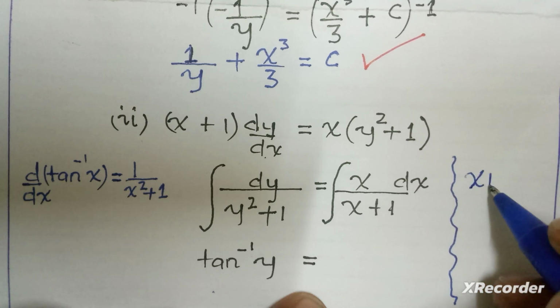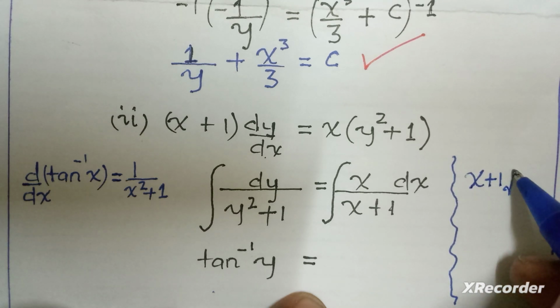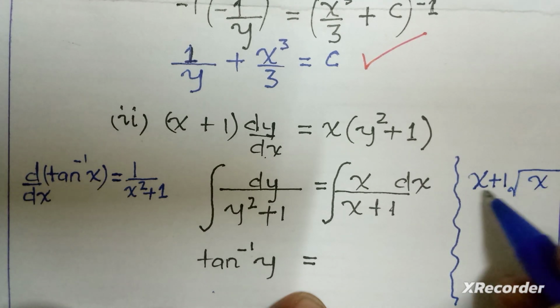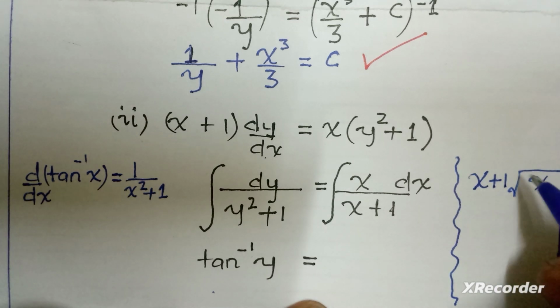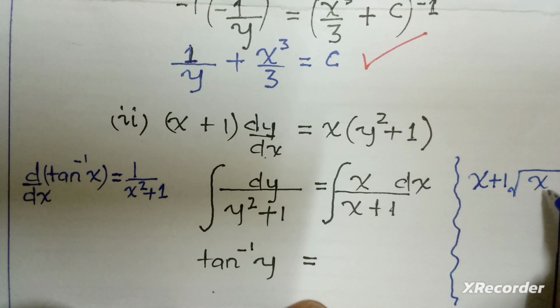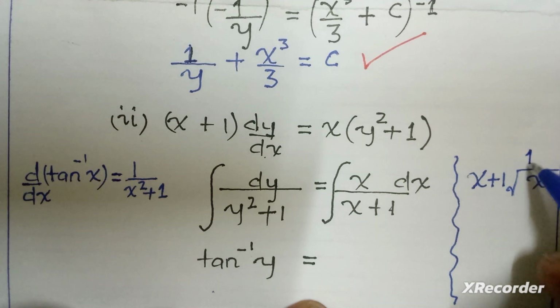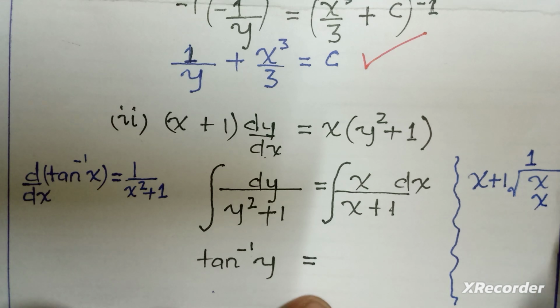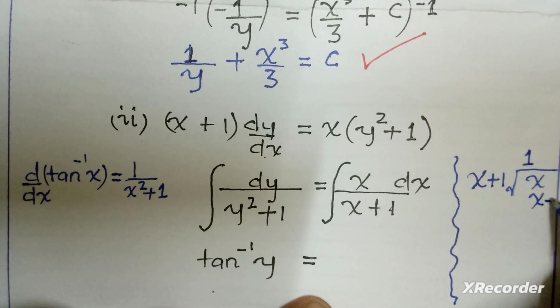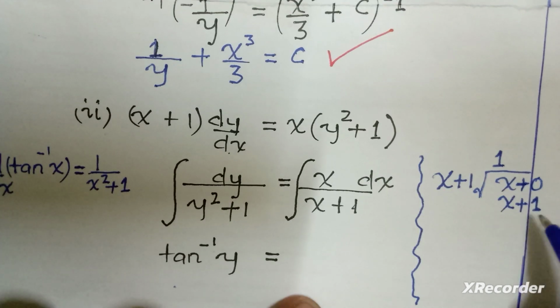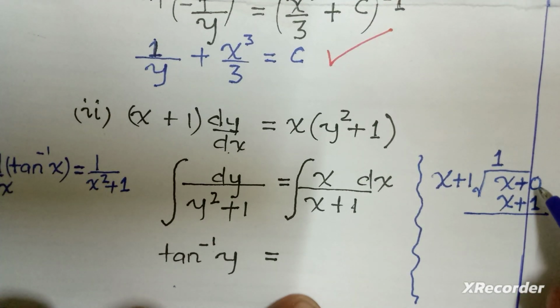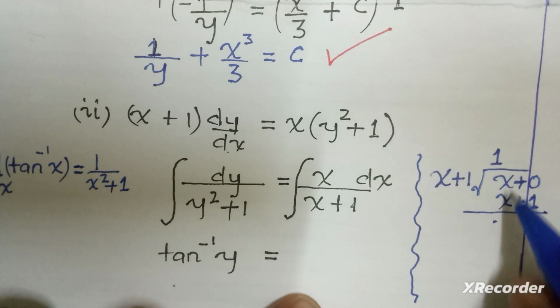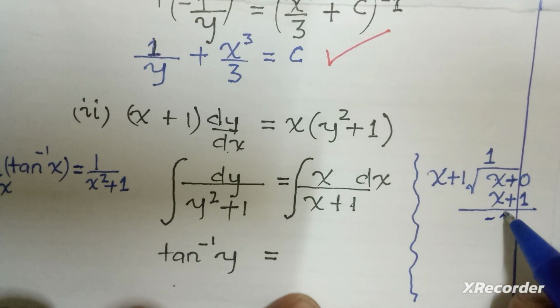In other words, we divide x by x plus 1. We look for a number that if you multiply, you get x. That will be 1. And here we shall have x plus 1. But it's supposed to be x plus 0 because it's only x. So if I subtract here, x minus x is 0, then you'll have negative 1 as your remainder.